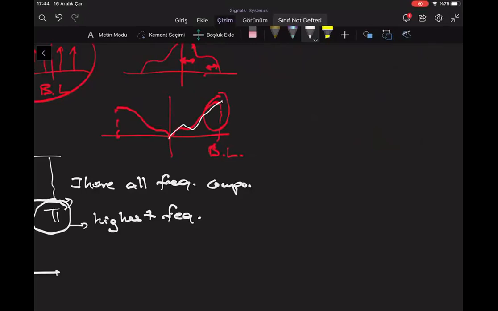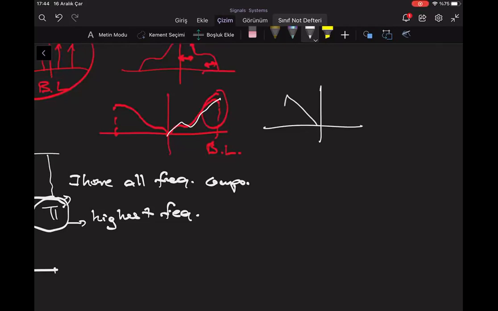Right? Look, everyone. If I have this as my signal, the Fourier transform of my band-limited signal, let's say this is omega n. If I sample it like this, omega s is here. What should I have? Where is the overlap?